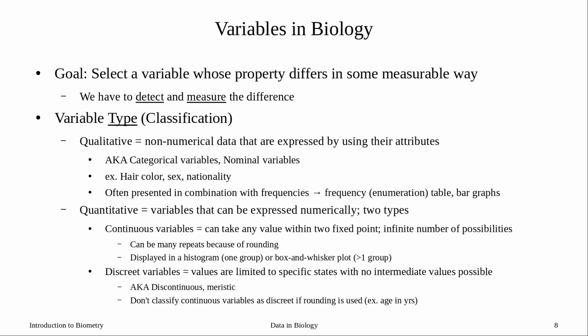When we work with these data, we often present them in combination with frequencies. So we would generate a frequency table or perhaps even a bar graph just to say this is the number that we counted in our sample. Perhaps this is the percentage of each category in our sample, and so forth.